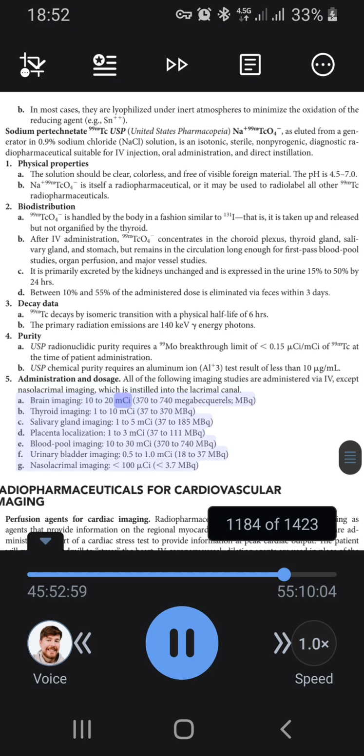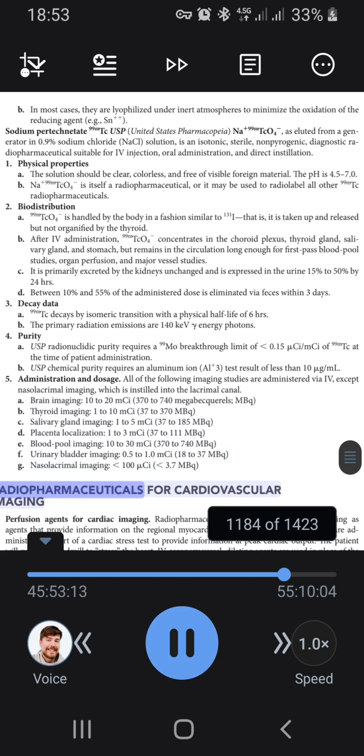A. Brain imaging, 10 to 20 mCi, 370 to 740 megabecquerels, MBq. B. Thyroid imaging, 1 to 10 mCi, 37 to 370 MBq. C. Salivary gland imaging, 1 to 5 mCi, 37 to 185 MBq. D. Placenta localization, 1 to 3 mCi, 37 to 111 MBq. E. Blood pool imaging, 10 to 30 mCi, 370 to 740 MBq. F. Urinary bladder imaging, 0.5 to 1 mCi, 18 to 37 MBq. G. Nasolacrimal imaging, microcuries.